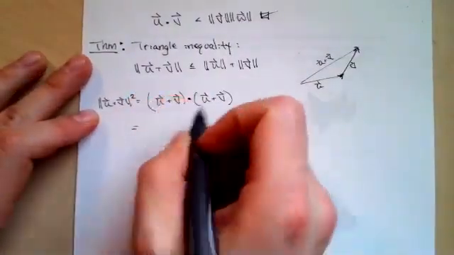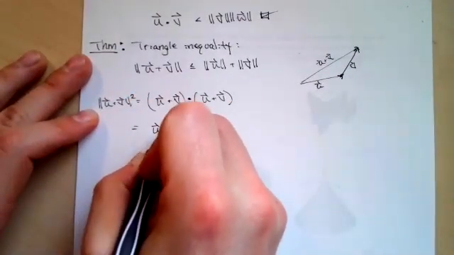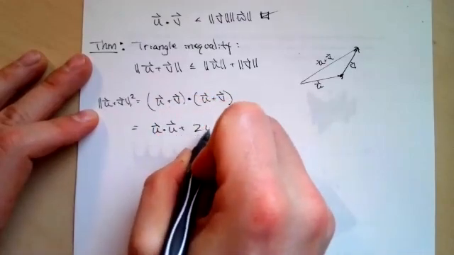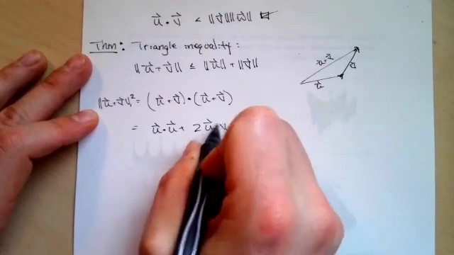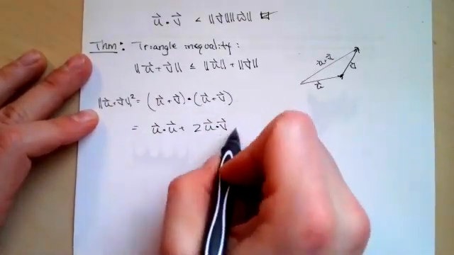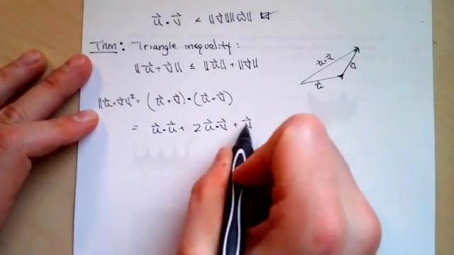And by our properties of a dot product, this is going to be u dot u, so we're just going to distribute, plus 2 times u dot v. So that's v dot u plus u dot v plus v dot v.